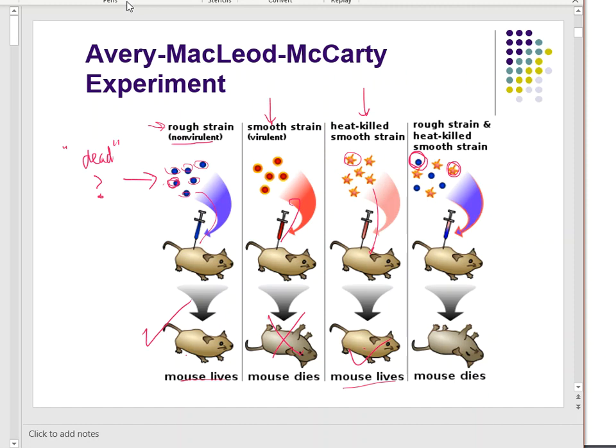Something is happening between these two things, transferring in a way, this non-virus strain over to a virus strain. This is going to give rise to the first concept of transfer and what is exactly causing this type of thing to happen.